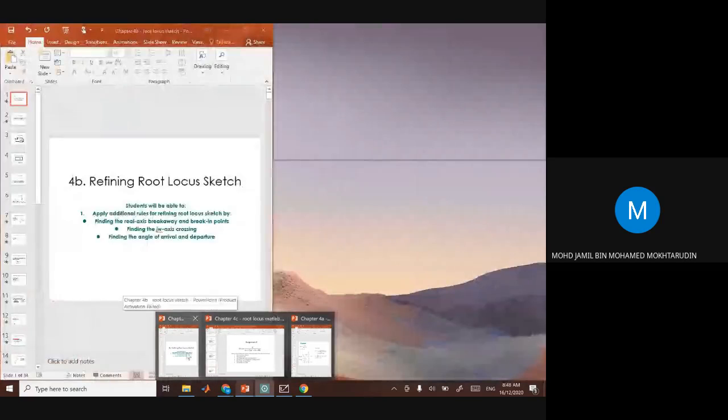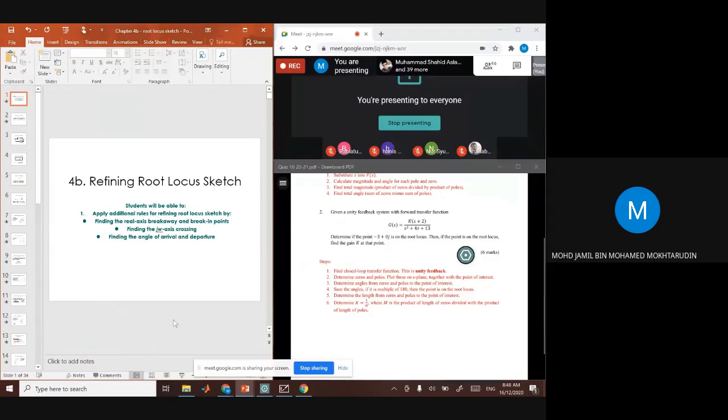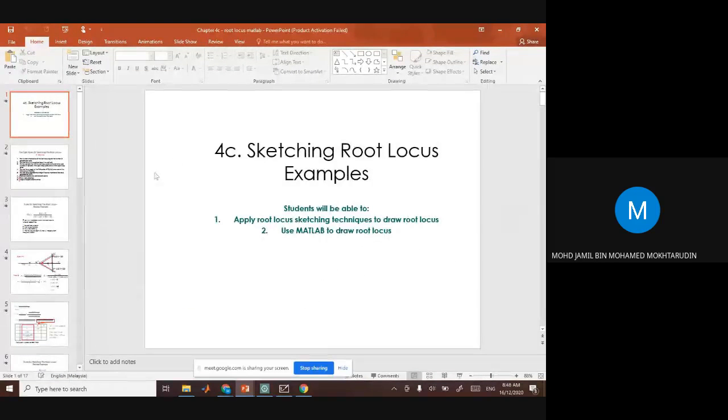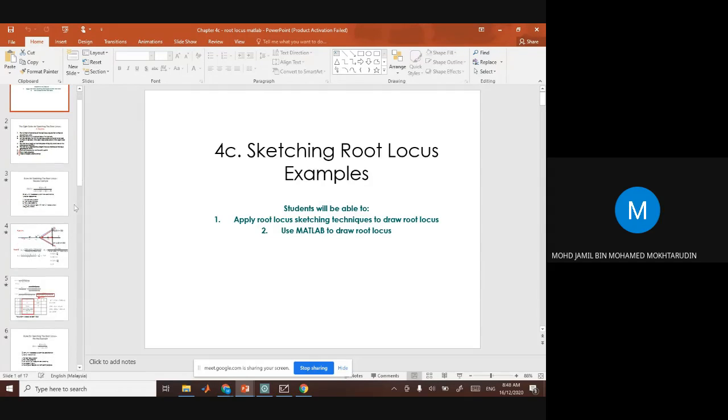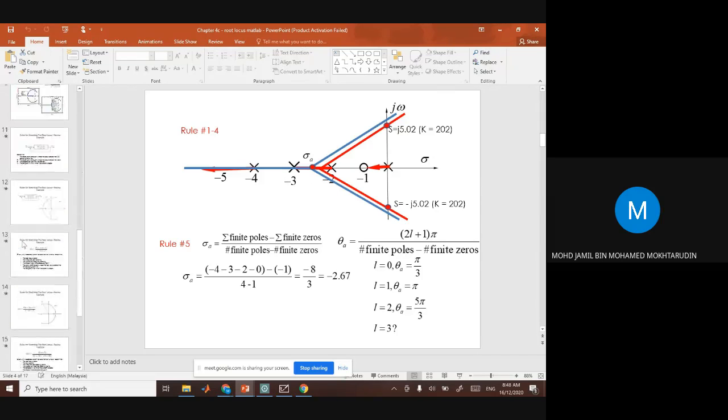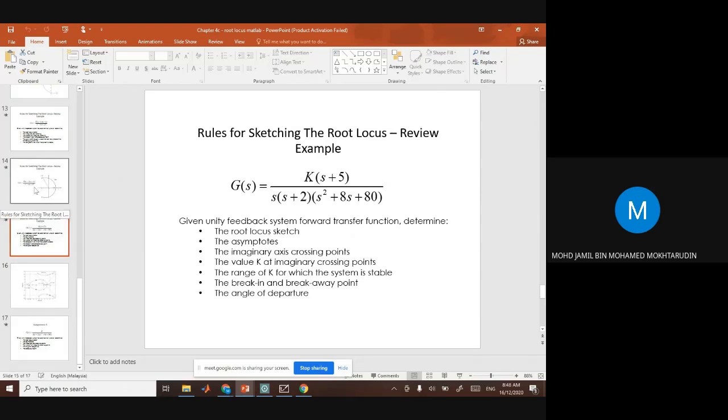Okay, so we have 2 more slides on root locus. We have slide 4B, which is the notes for root locus. And if you look at the column, you also have slide 4C. 4C basically contains examples on the root locus, how to calculate and how to plot, how to sketch the root locus.